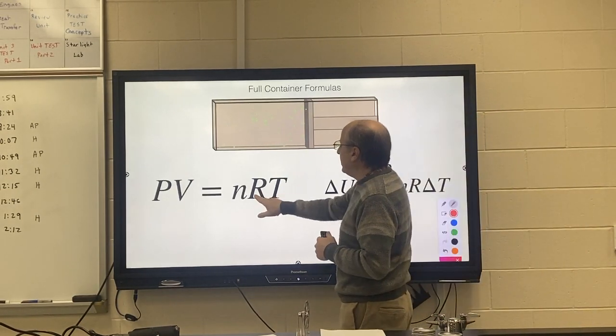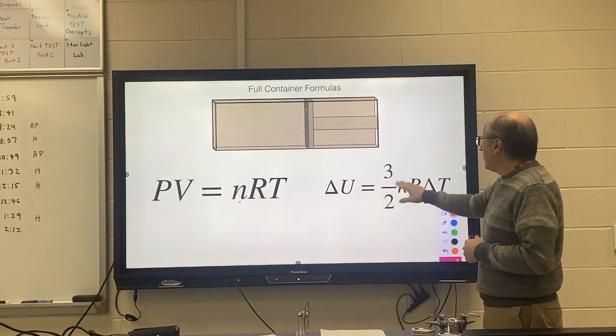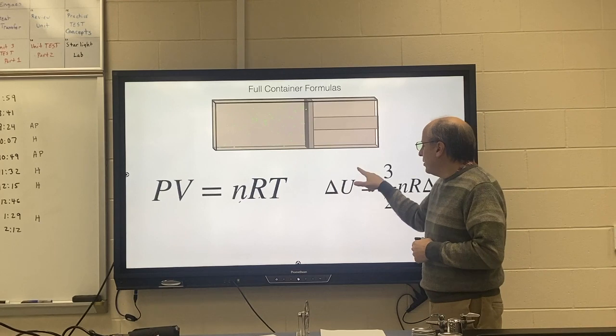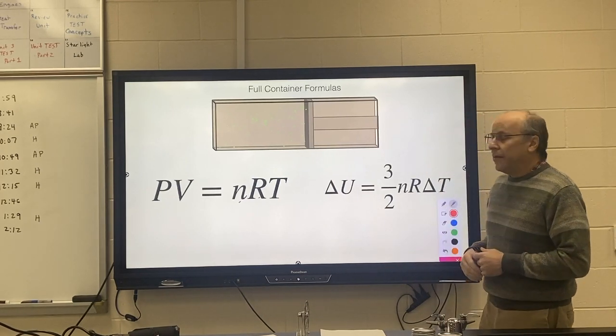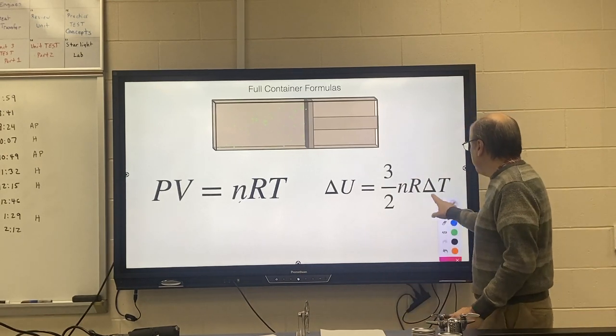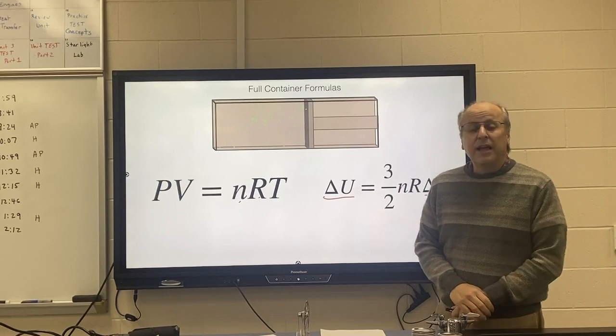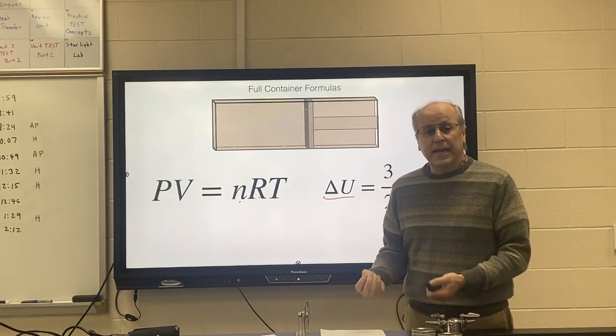Again, the R is your ideal gas constant, and the n is your number of moles. This formula tells you the total energy of the particles inside the box. So when the temperature changes, the internal energy changes, and that internal energy is kinetic.